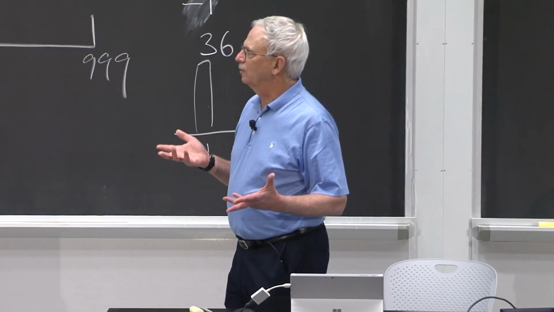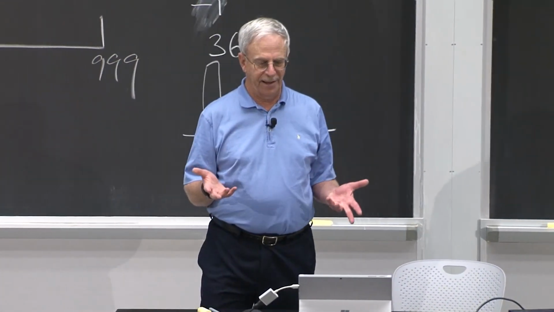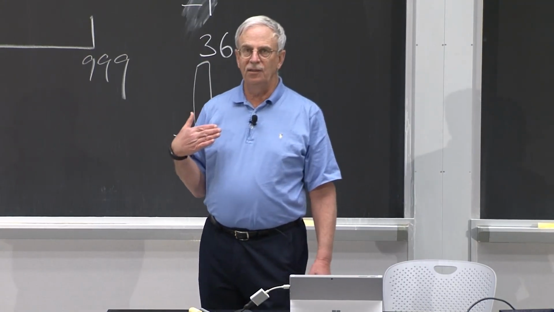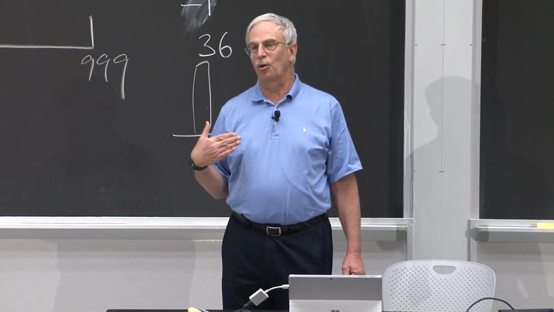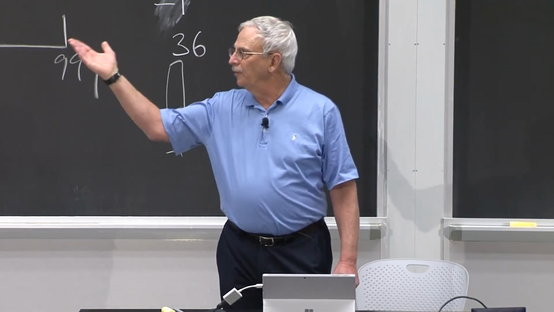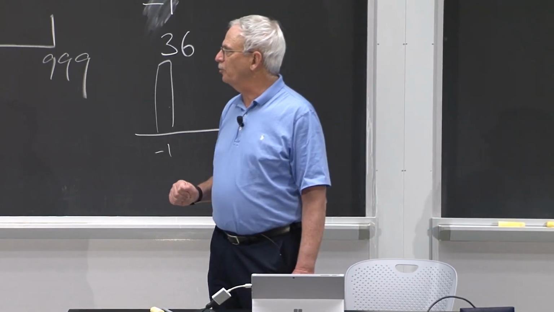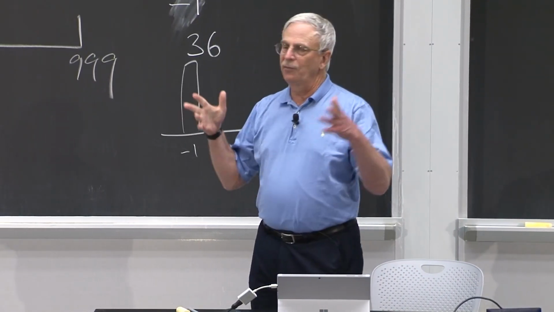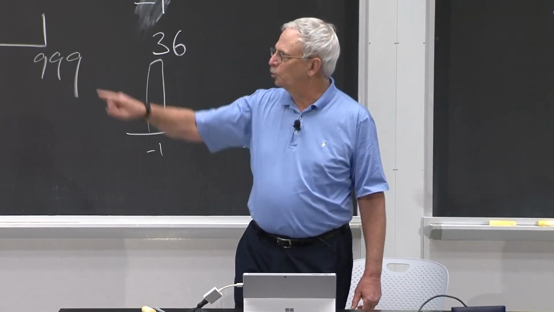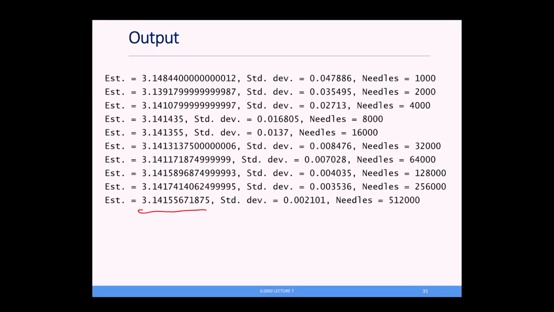So the moral here is it's not sufficient to produce a good answer. I've said this before. We need to have reason to believe that it is close to the right answer. So in this case, I'm using the standard deviation and saying, given that it's gotten quite small, 2 times 1.96 times 0.002 is indeed a small number.